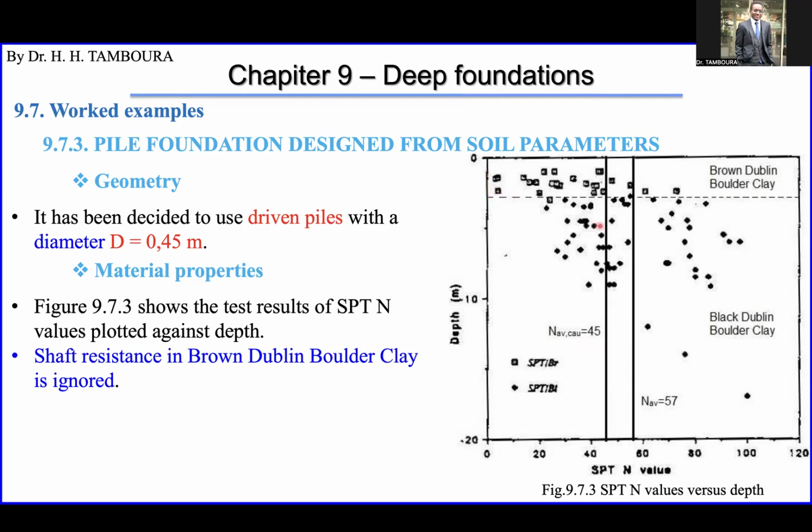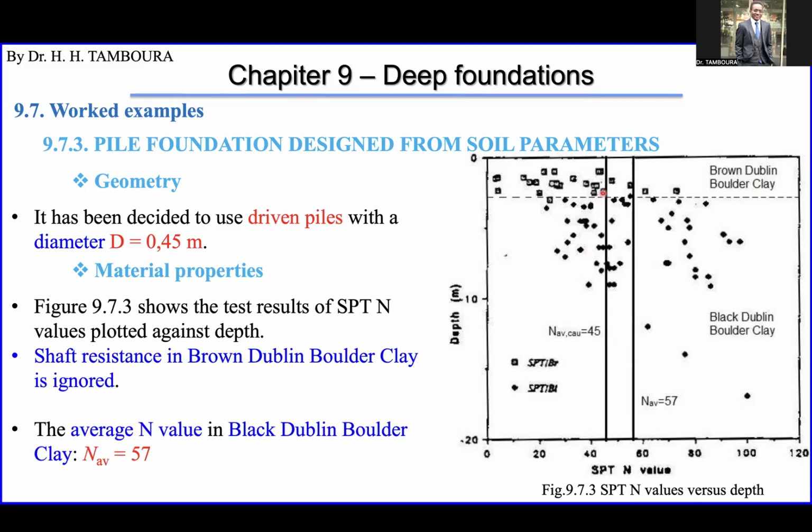We will focus on finding the pile length in the black clay, and once we have that, we will just add the 3 meters. You remember, in the previous slide we said that the brown clay has a thickness of 3 meters.